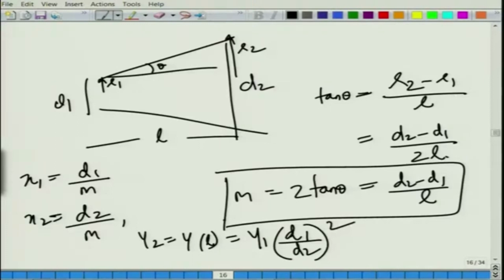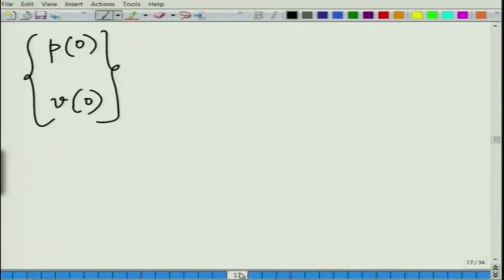The idea is that if we use such a variable representation, we will get the following.